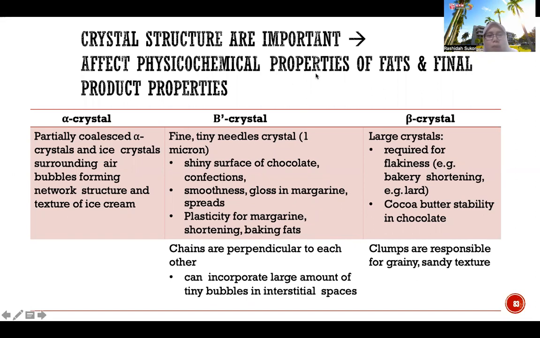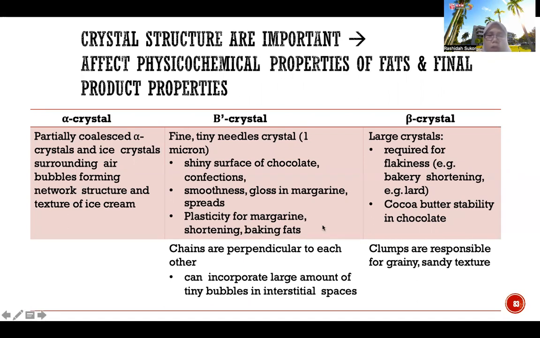Okay. Beta prime crystal is a fine tiny needle crystal about 1 micron in size. So beta prime crystal will give the shiny surface of chocolate and confections. It gives smoothness and gloss in margarine and spreads, and plasticity for margarine, shortening and baking fat. Plasticity means how easy it is to spread.